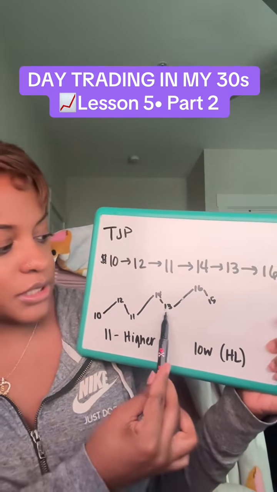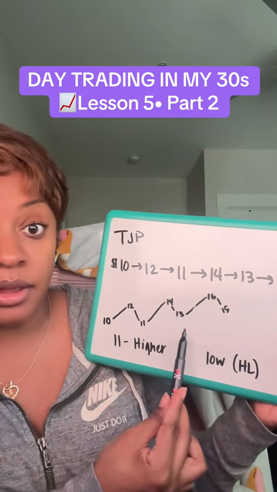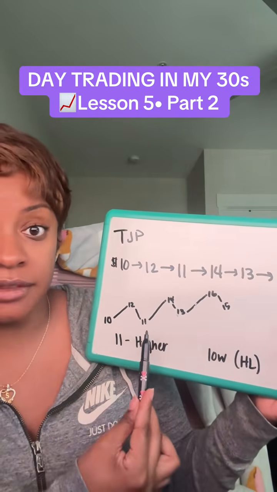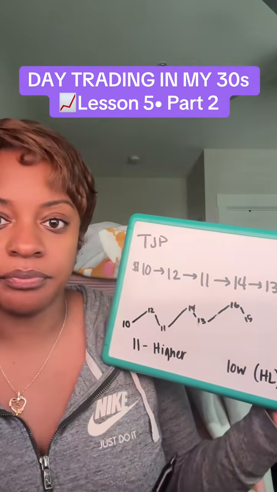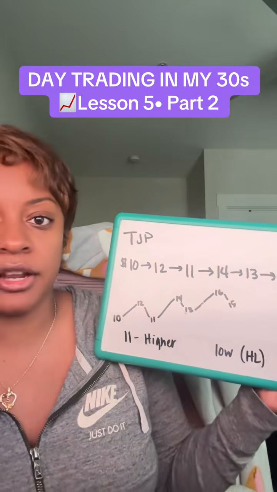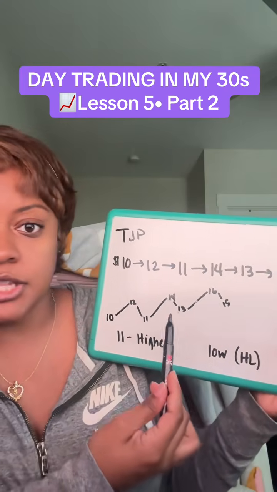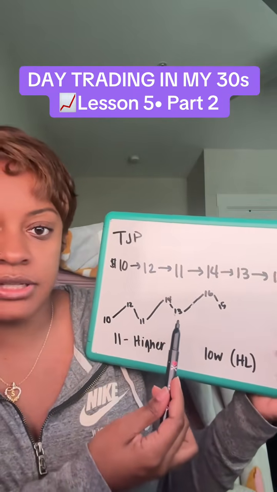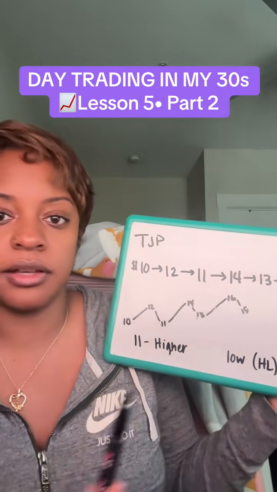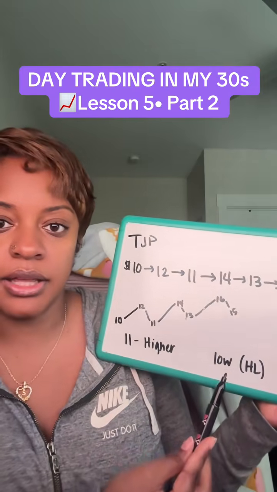And then moving on, since 13 is another swing low, 13 is higher than 11. That's another higher low. And then 15 is greater than or higher than 13. That's another higher low. It's a higher swing low.